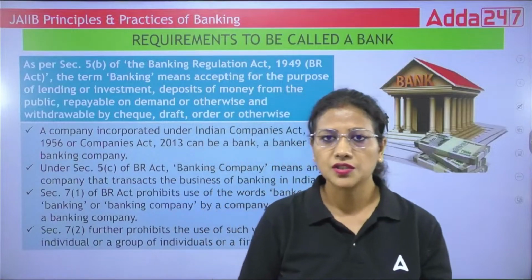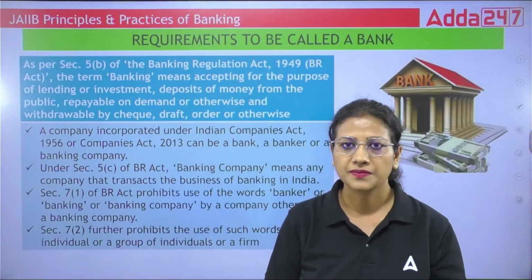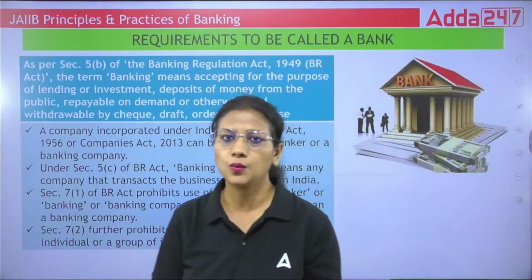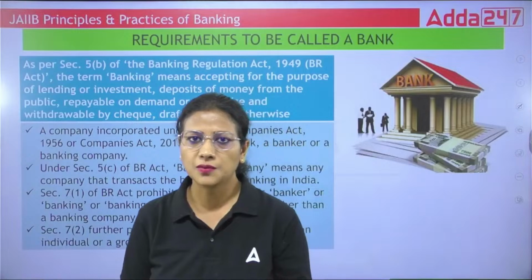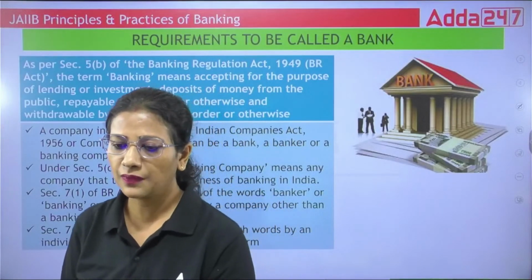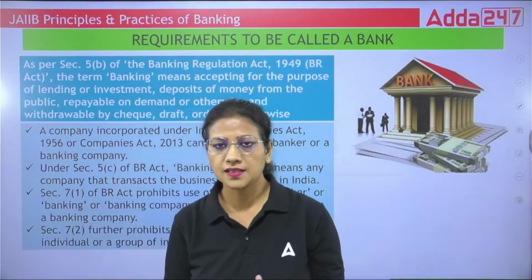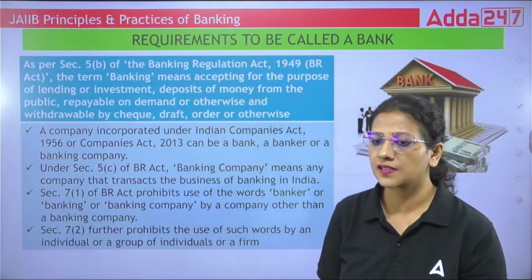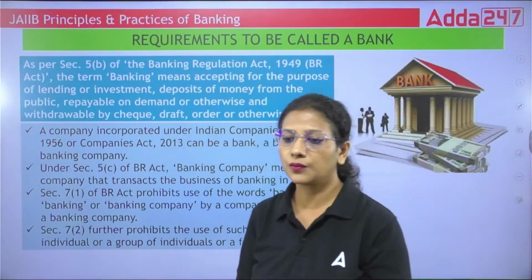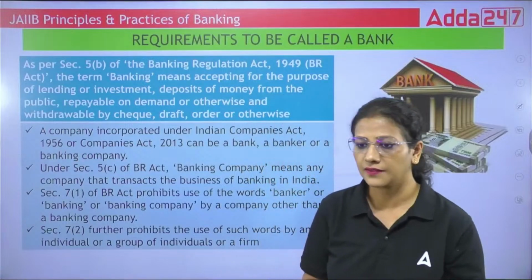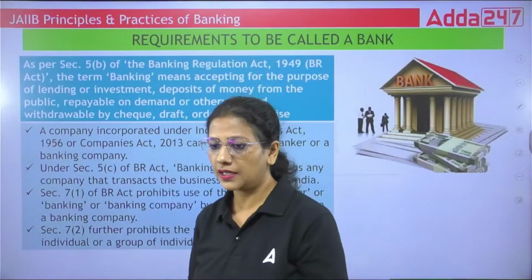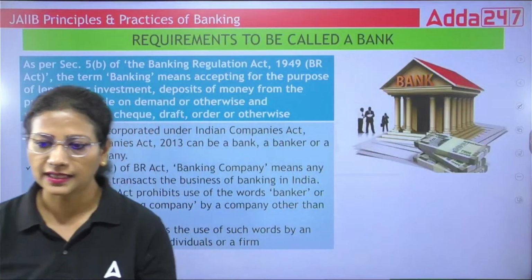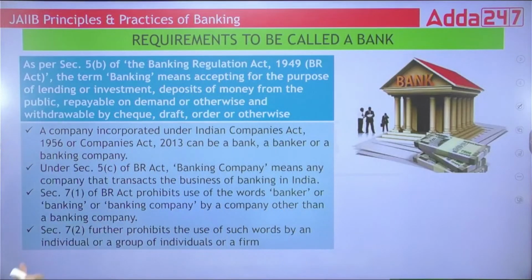The deposit which the customer gives to us will be used for lending to other people, and the deposit can be withdrawn only through a set process, that is, withdrawal forms, by check, draft, or otherwise. So this comes under Section 5B of the Banking Regulation Act.